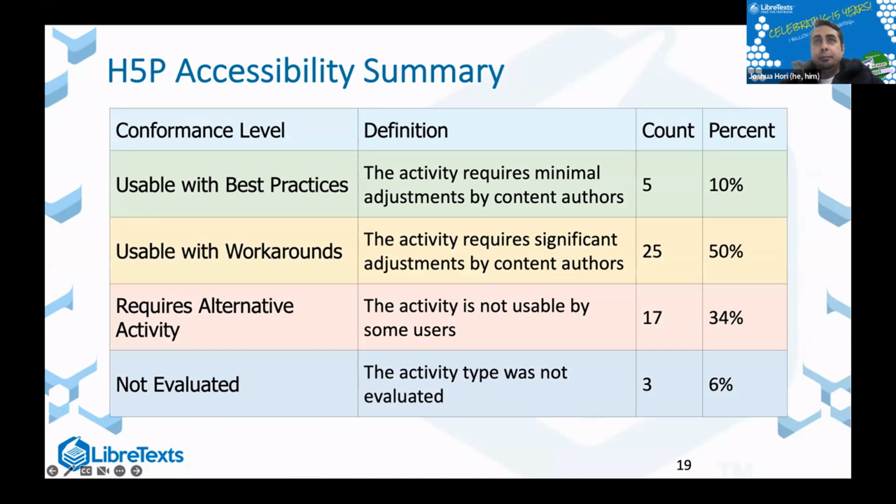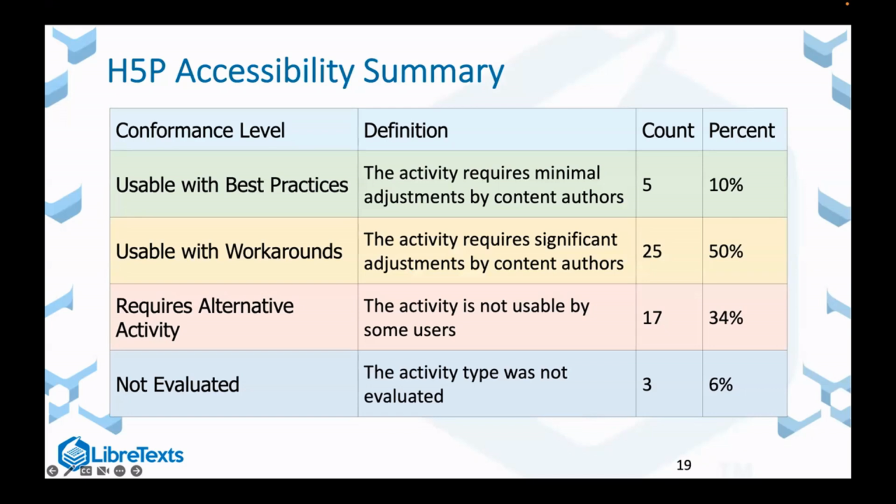Slide 19. So first we have the H5P Accessibility Summary. And this was as of 2021. We don't control, or LibreTexts does not control, the baseline accessibility conformance or functionality of the H5P activities.